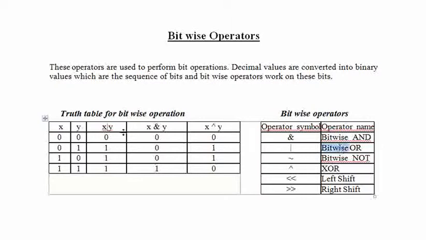Bitwise OR, it will return true if one of the two is 1. Bitwise NOT, it will return the negative of what is given to us. XOR, this is for XOR, left shift and right shift. All these are bitwise operators.